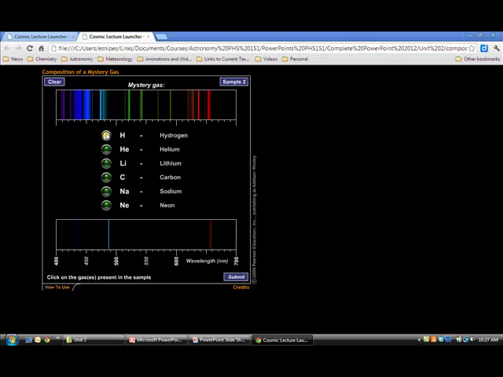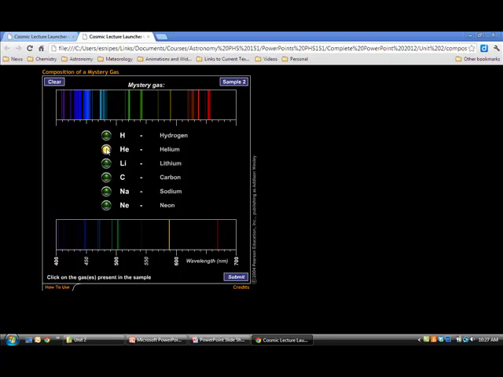So let's just start pulling them up. Down here is what hydrogen looks like. Now remember, sometimes our mystery gas could be a combination of elements. Well, that's looking promising. But if you see any lines down here in the element that aren't in your mystery gas, then you know that it's not a member of your mystery gas.